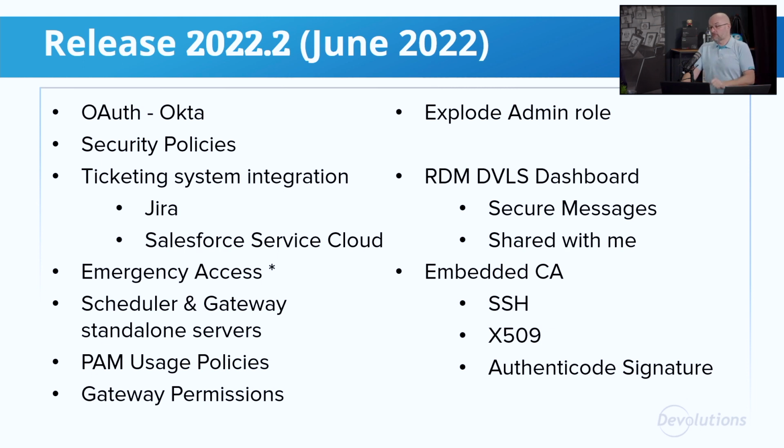Explode admin role. In the past, we had a nice, big, huge flag, is admin. That used to be everything in the system, and we're splitting that into discrete permissions because the example coming from our dogfooding is that Chris, our IT manager, is the one that can add users to the server that we're using, but he's not really a Vault administrator for other stuff.